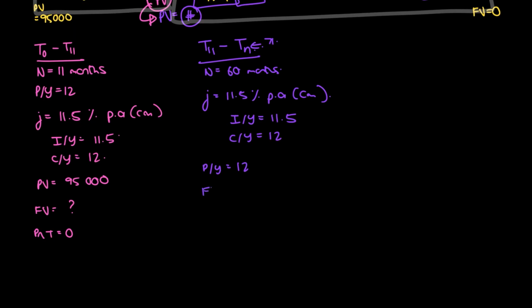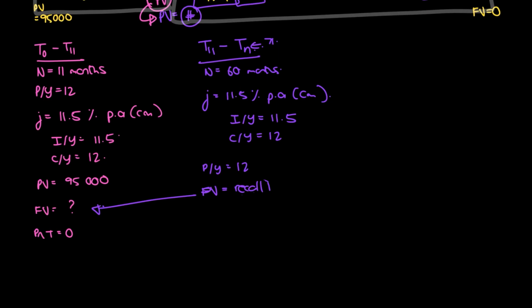And our present value over here is going to be the future value from this one here. So it's going to be wherever we stored it, which means we're going to recall it on this side. So let me just write it in words so that we remember.